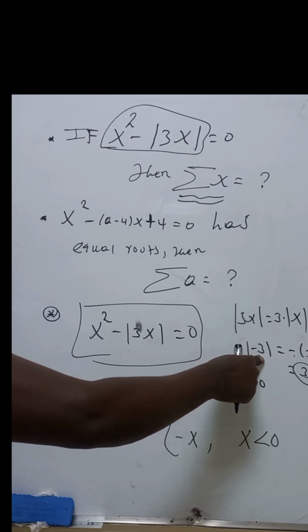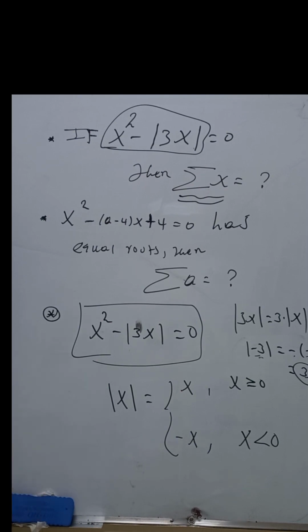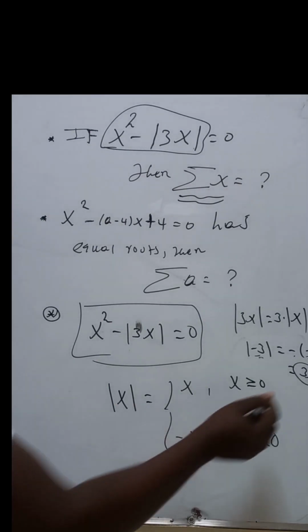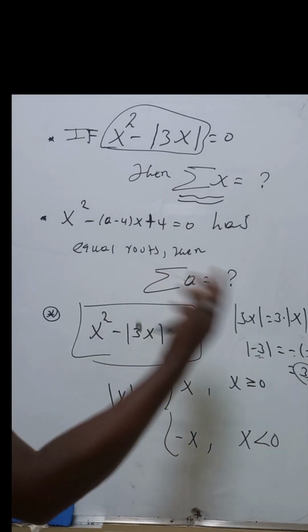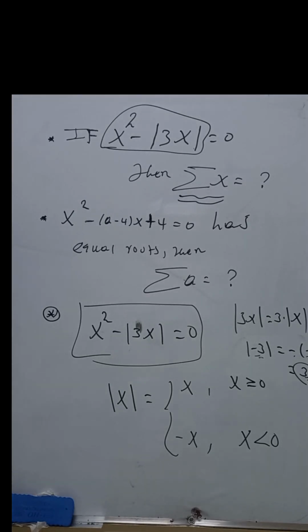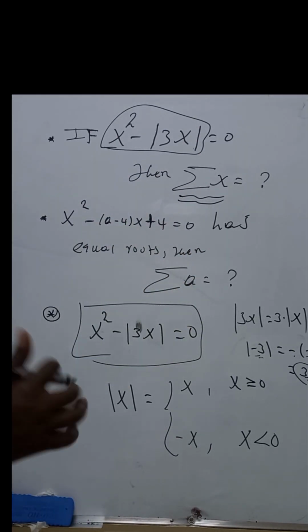The distance from the origin to negative 3 will be 3. This means that if we move on the left 3 units from the origin, the distance will be this one. So the modulus of this will be 3. And the modulus of 3 is also 3. That's the same. That indicates that we are moving in different directions: 3 units on the right and 3 units on the left. So this is the point.